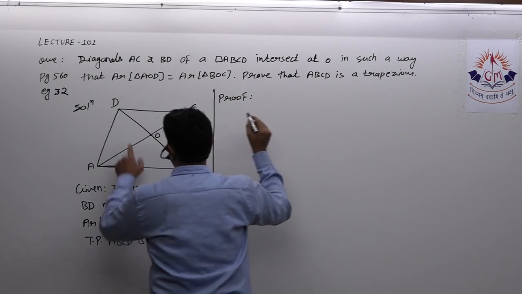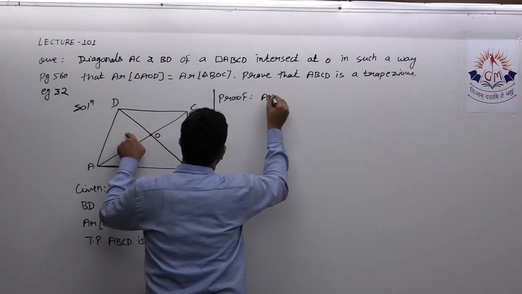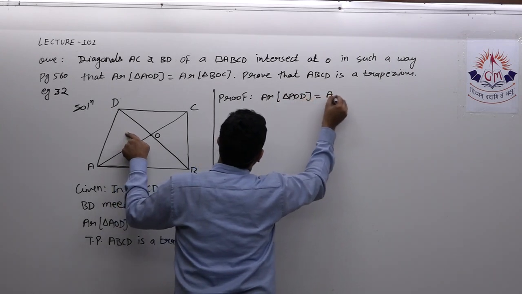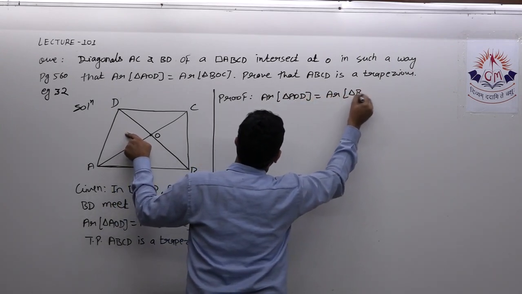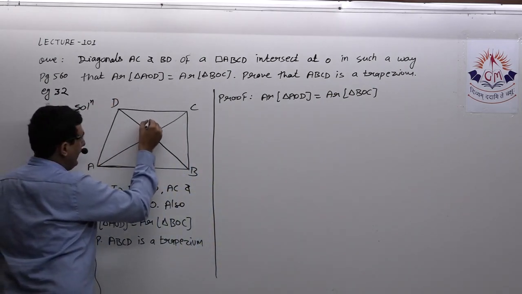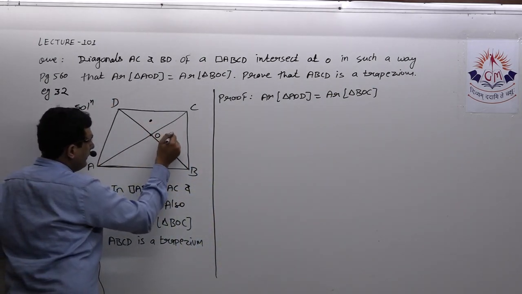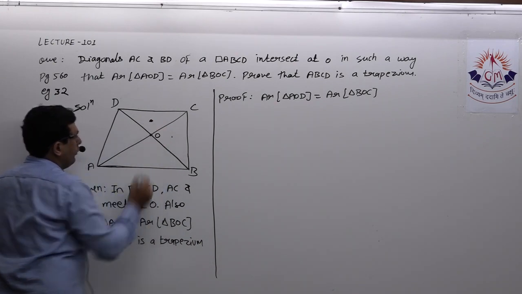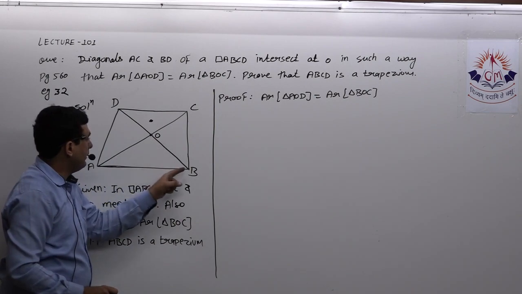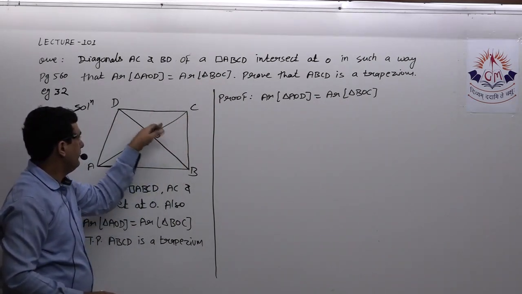See, we have area of triangle AOD equal to area of triangle BOC. Now, in this triangle, if I add this common area, or similarly in this triangle, if I add this common area, this will become area of triangle ADC equal to area of triangle BCD.